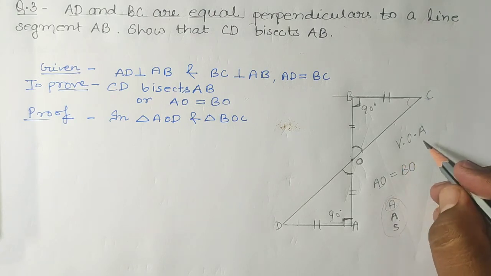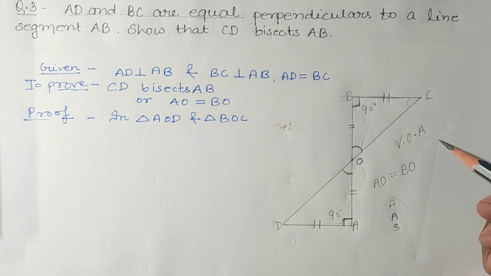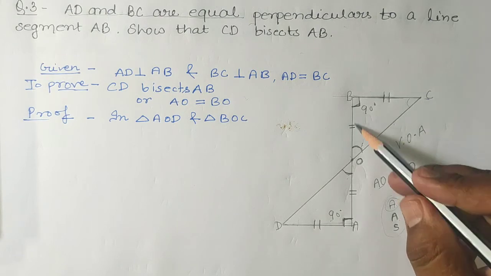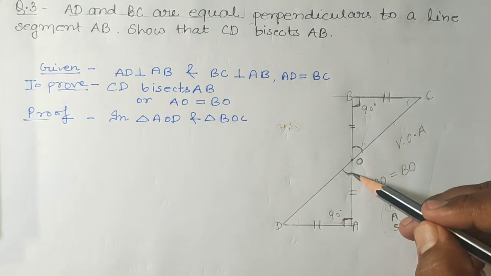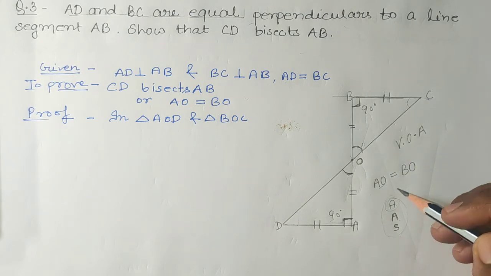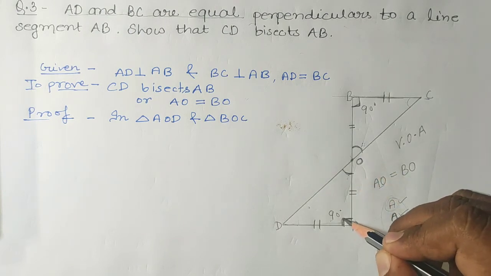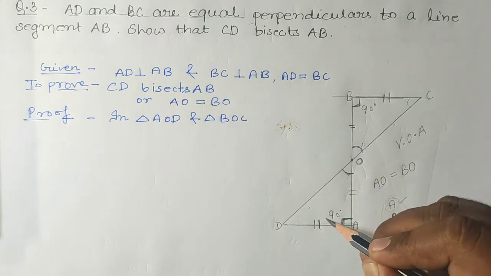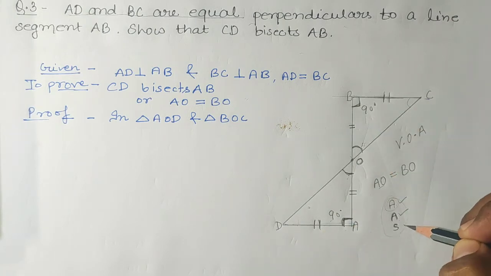I have told you in the topic of vertically opposite angles that if two lines are intersecting each other, then the pair of vertically opposite angles are equal. So now we are having one angle this and one angle this, and one non-included side, that is AD equal to BC. Then by angle side we can prove it.